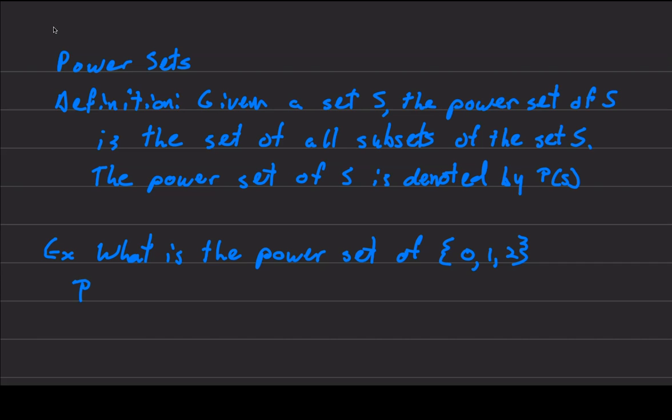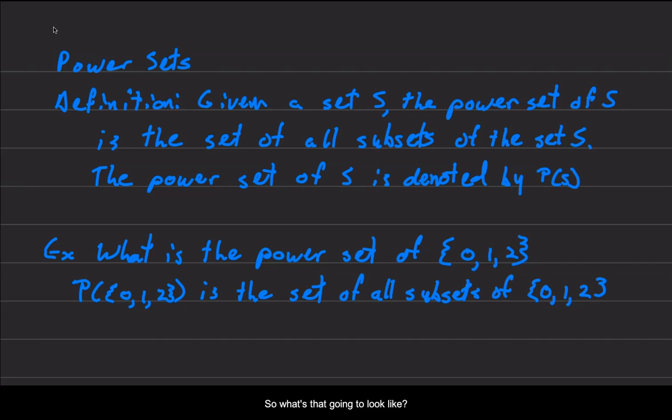The power set of 0, 1, 2 is the set of all subsets of this set 0, 1, 2.